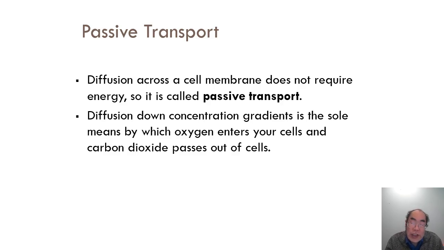So the oxygen diffuses into your blood cells, and the concentration of carbon dioxide in your blood cells is higher than the air that you're breathing in. So carbon dioxide will diffuse out of your cells. So when you exhale, you're exhaling the carbon dioxide waste that you're generating. Okay, so that's an example of passive transport.